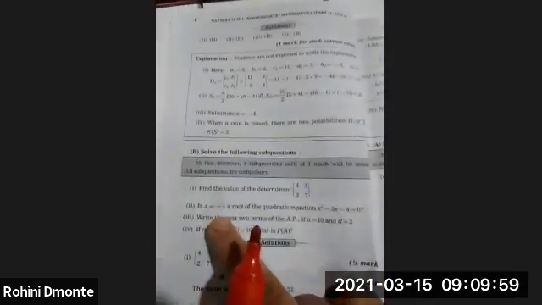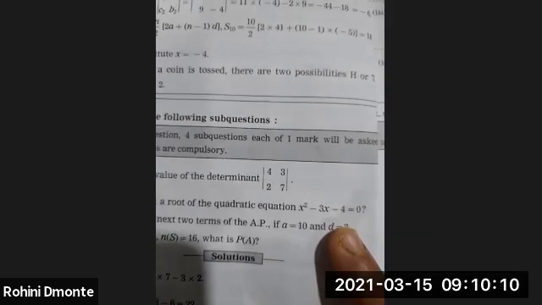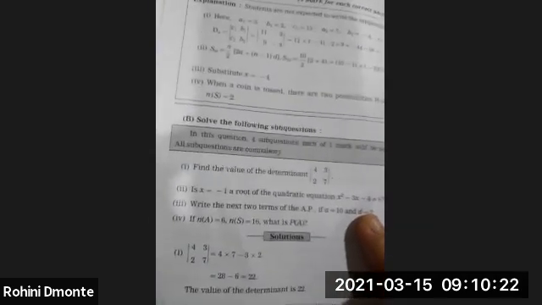Okay, now let us move to the next sum. Is x is equal to -1 a root of the quadratic equation x square minus 3x minus 4 is equal to 0? See, look here, what has been asked in this particular sum is whether x is equal to -1 is a root of the given quadratic equation.